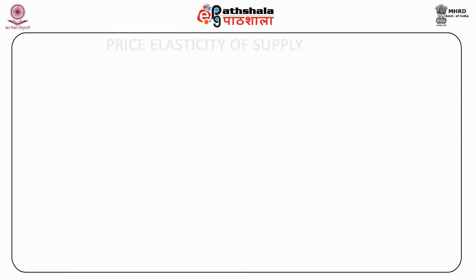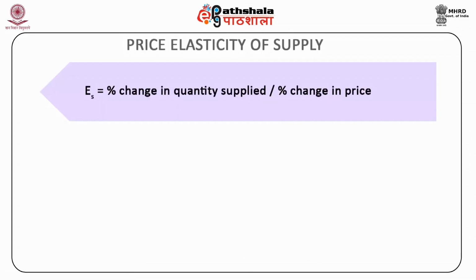Price elasticity of supply is defined as the percentage change in the quantity supplied divided by the percentage change in the price of the commodity. Algebraically, ES is equal to percentage change in quantity supplied divided by percentage change in price. Price elasticity of supply also shows the responsiveness of the change in the quantity supplied QS of a product due to the change in its price.